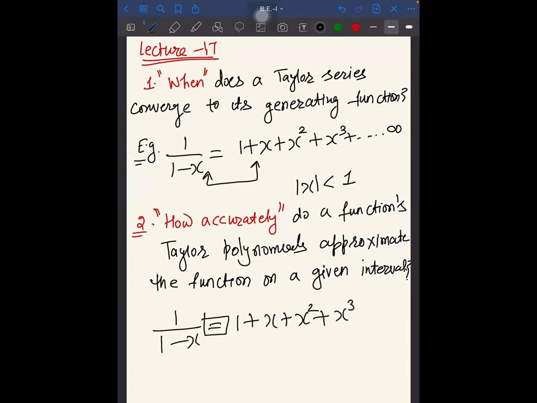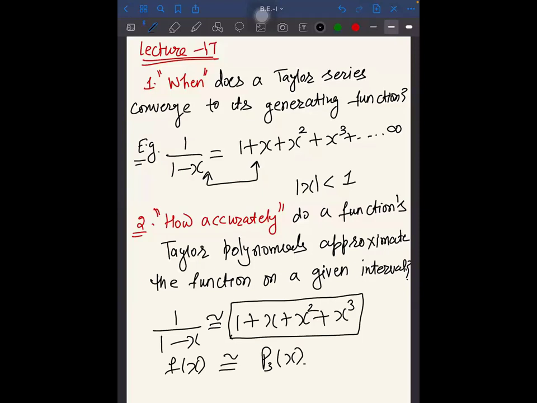So we'll say this is approximately equal to this. This is a kind of Taylor polynomial, P3(x). Are you with me on this? Yes, sir.